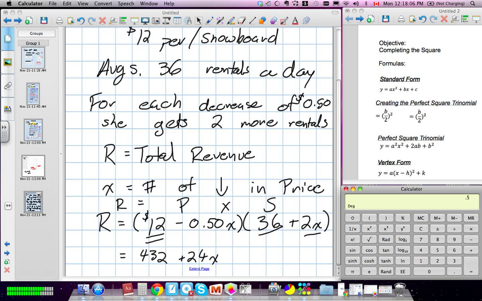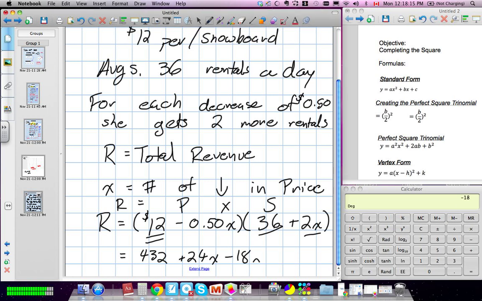Now inside terms and last terms. Negative 0.5x times 2x gives us negative x squared.